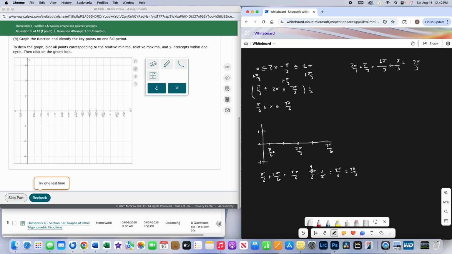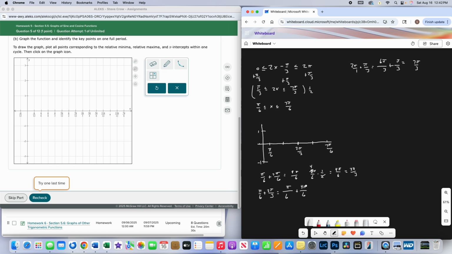All right, and then we need the midpoint between pi over 6 and 2 pi over 3. We'll go ahead and work this one out too, and then we won't do that anymore. All right, so I'm going to get a common denominator of 6, and so that's going to be pi, and that's going to be 4 pi.